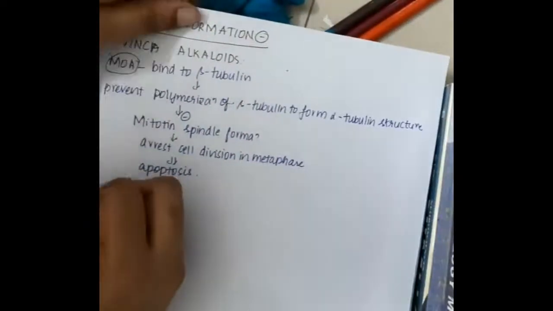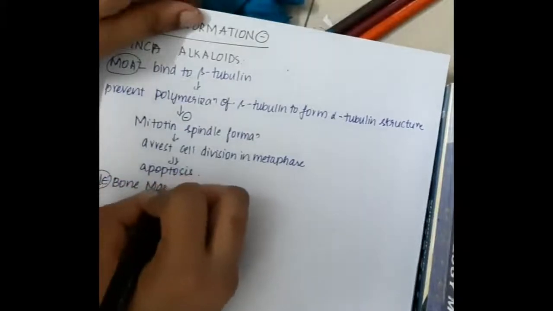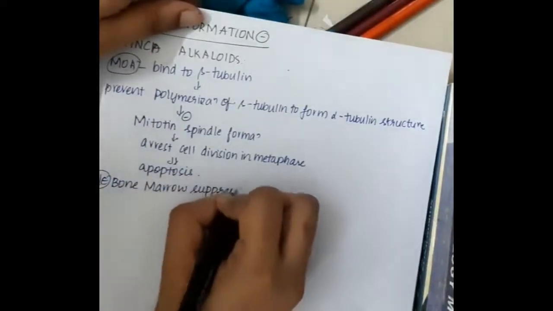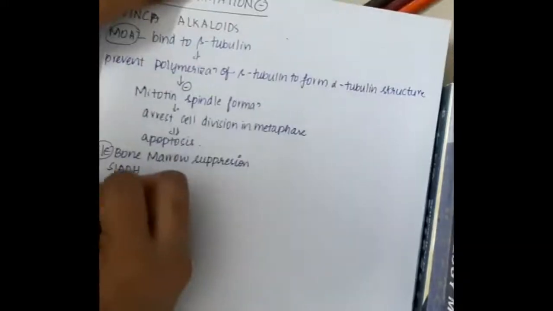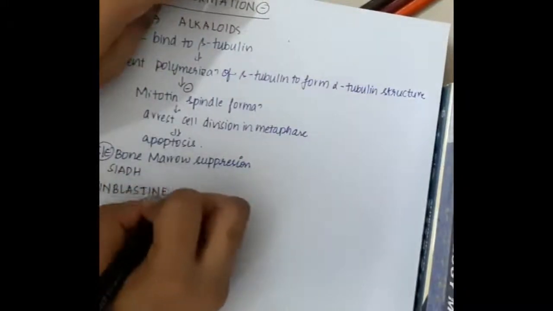Then in the side effects, these vinca alkaloids cause bone marrow suppression and SIADH.